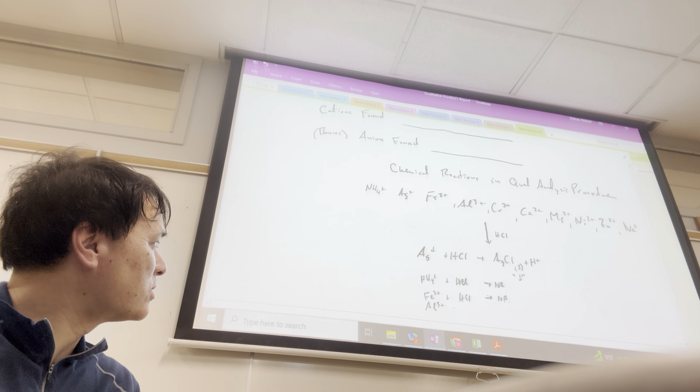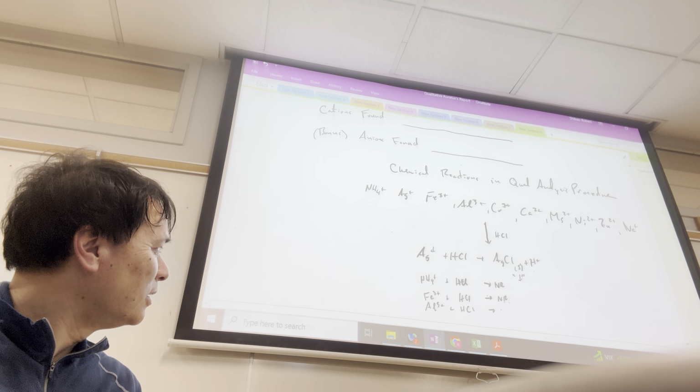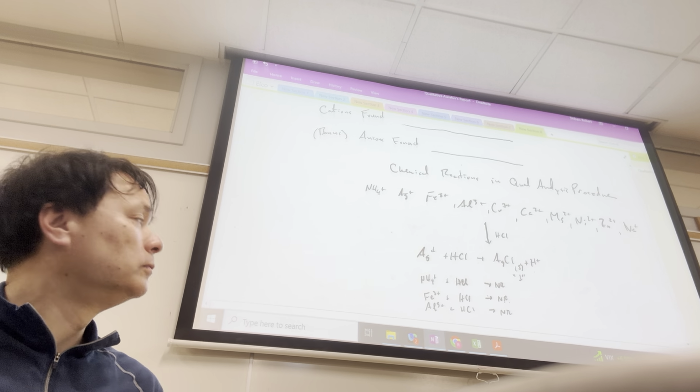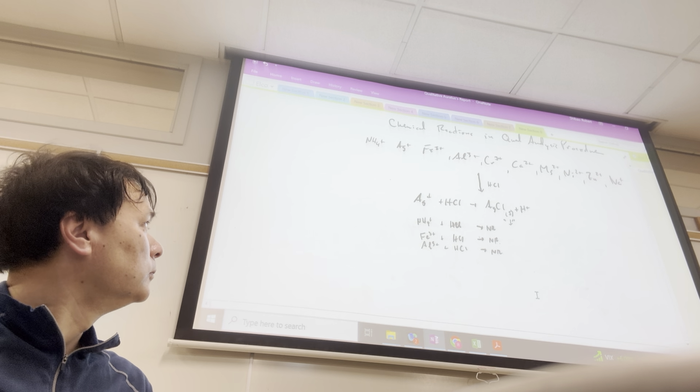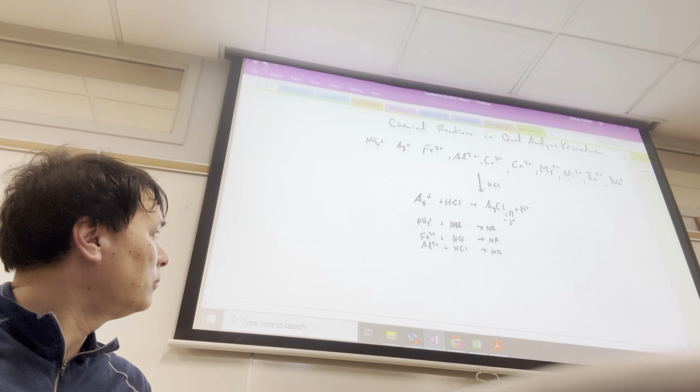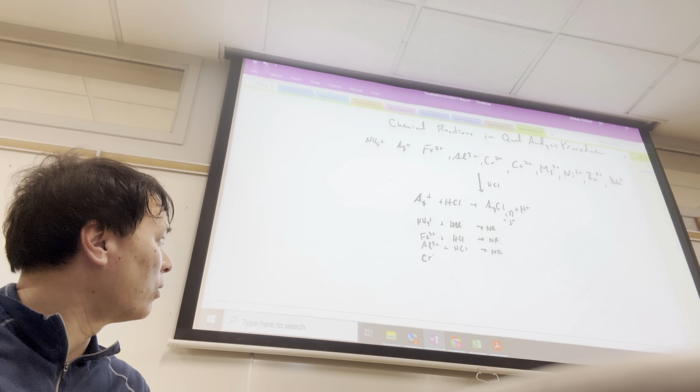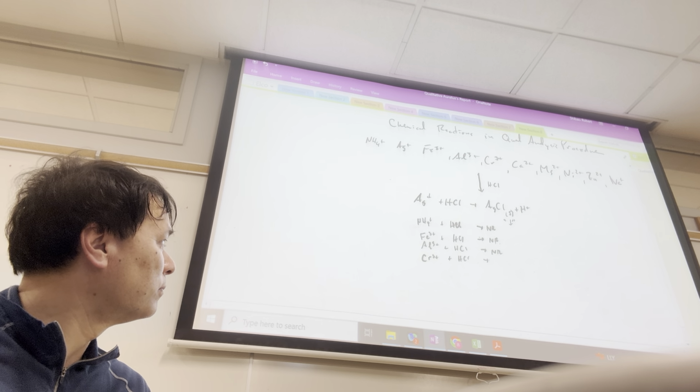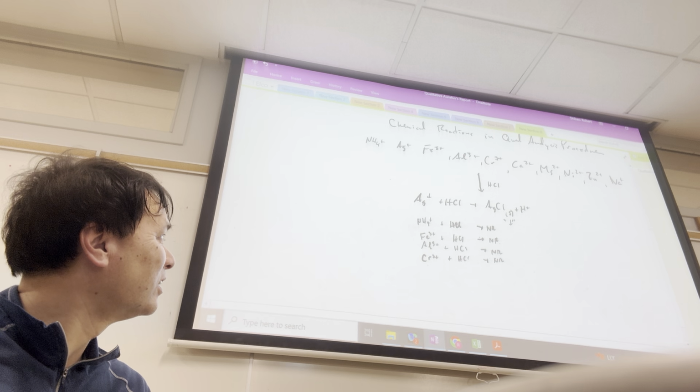Aluminum chloride is soluble, so we aren't going to get any precipitation. Then we go chromium 3 would form chromium 3 chloride. Chromium 3 chloride is also soluble. It's not going to precipitate. So we get NR here.